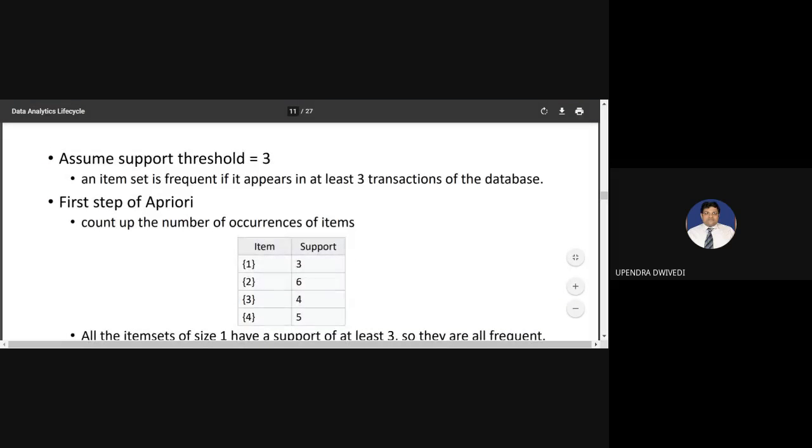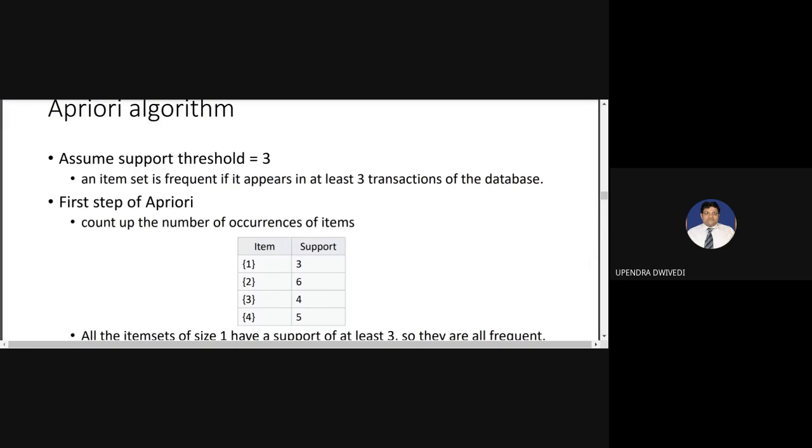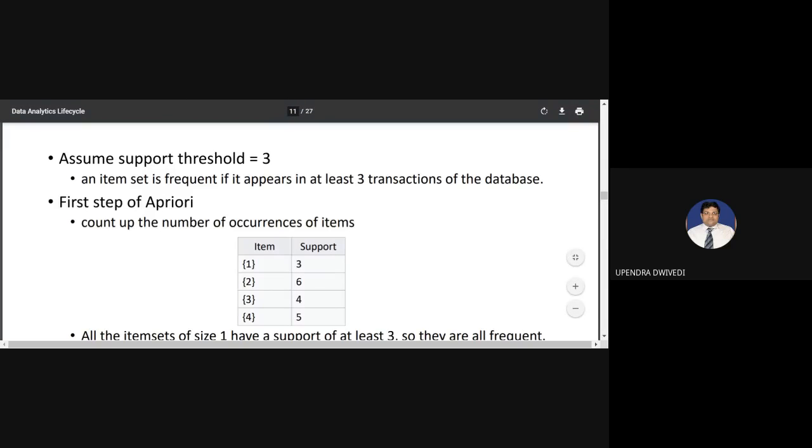Now we'll assume the support threshold is equal to 3. We'll discuss how to calculate support later, but for simplicity, just assume the support threshold is 3. This means we consider those item sets having support greater than or equal to 3.